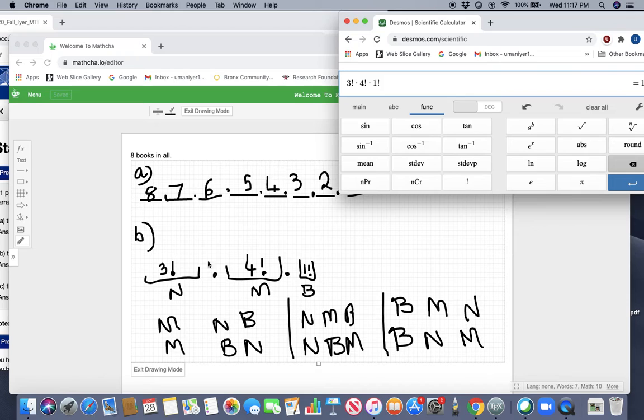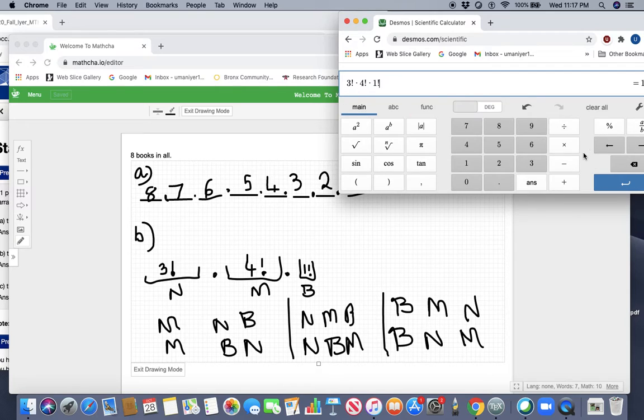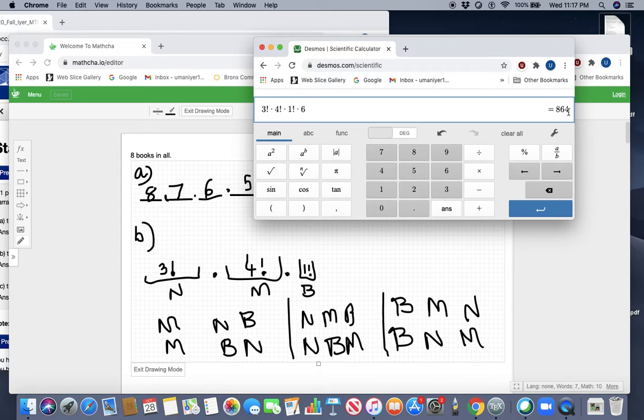So that's this arrangement. And then 6 times these. So times 6. 6 because I could have these blocks moved about. Okay. So that gets me 864.